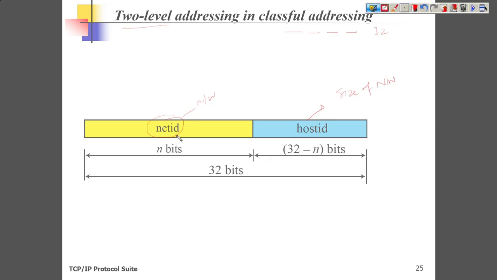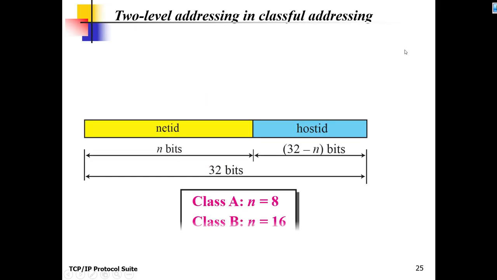So here, network ID is defined by N, and the remaining from 32 is the host ID. So total bits is 32. So if N is given to you, we can find out the host ID. In classful addressing, we have only 3 possible values for N. N can be 8, N can be 16, N can be 24.